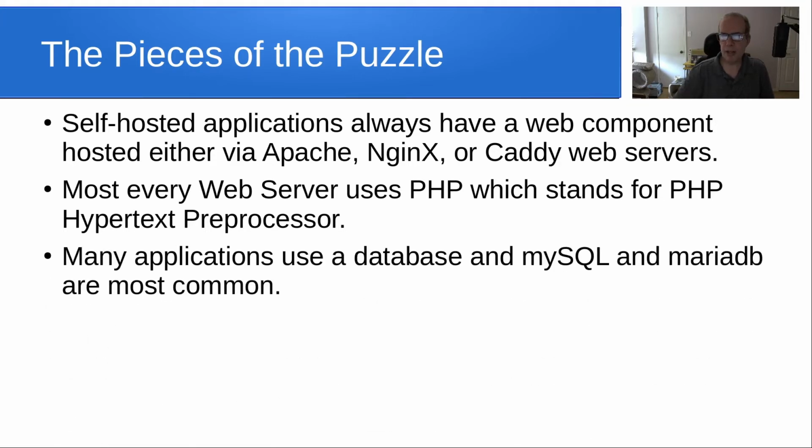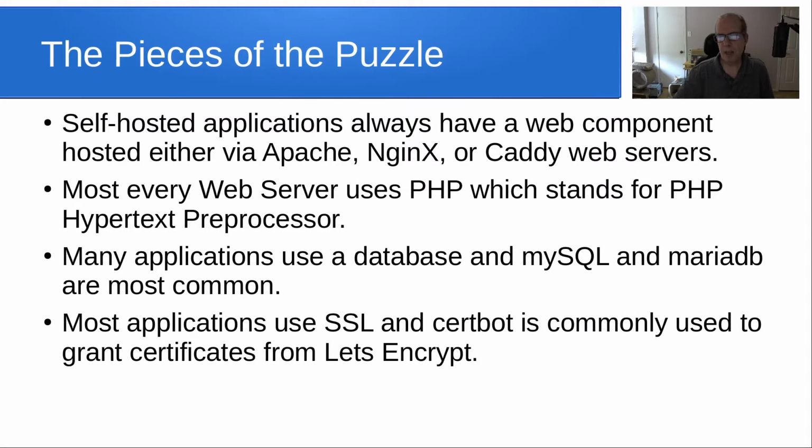Many applications use a database, and MySQL and MariaDB are the most common. There are others like MongoDB, and the list is almost endless. Most applications use SSL, and certbot is commonly used to grant certificates from Let's Encrypt.